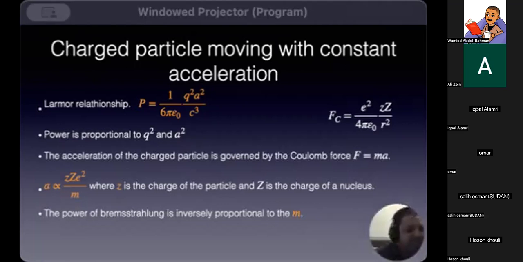If someone comes and says, why don't we use protons, this is a very inefficient way of producing X-rays. Make sense? So that's number one. This is the first point I want you to understand, that this power is inversely proportional to the mass squared, M squared.